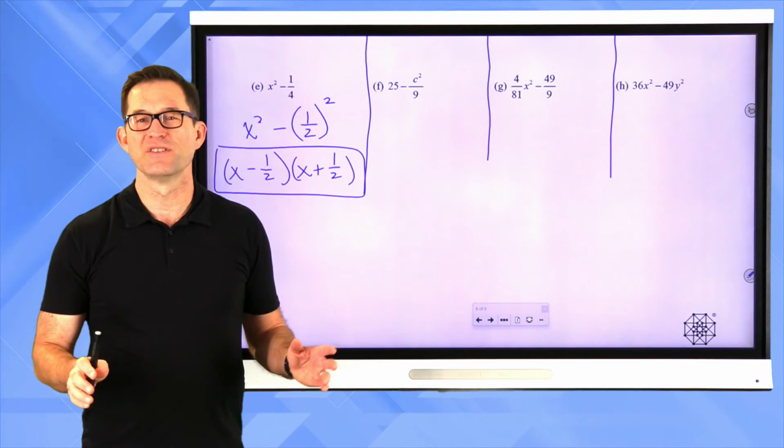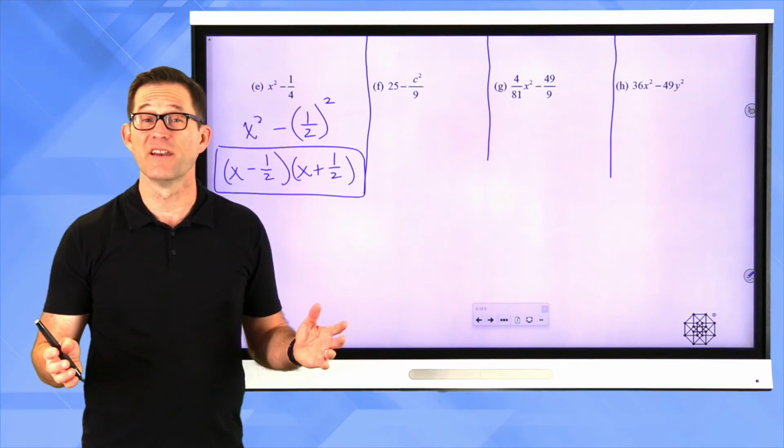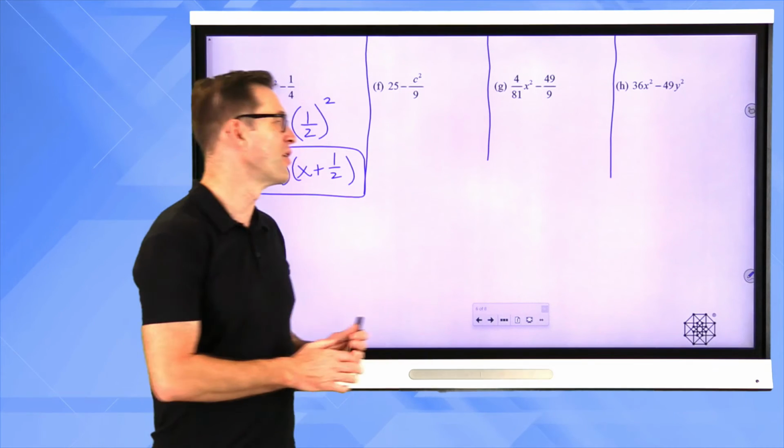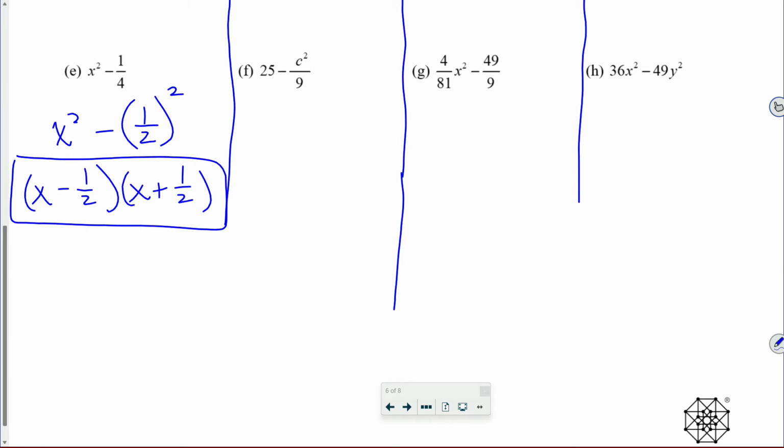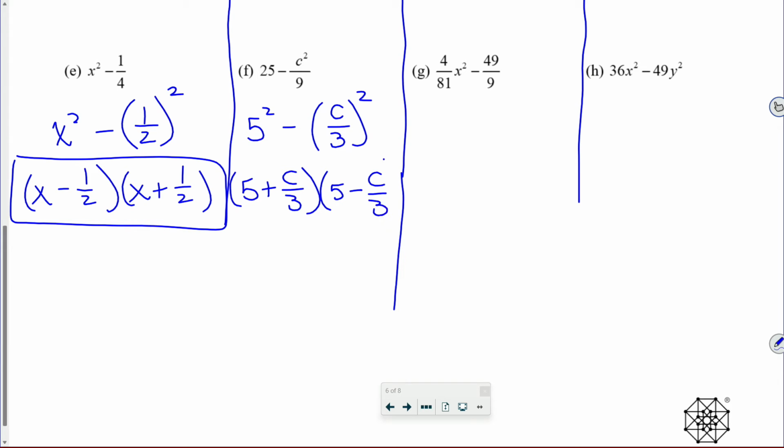Now I know H was the kind of full thing, but at least it didn't have any fractions in it. It did have two variables, but no fractions. So letter F, I can think of as 5 squared minus c over 3 squared. So that's going to be 5 plus c over 3 times 5 minus c over 3.